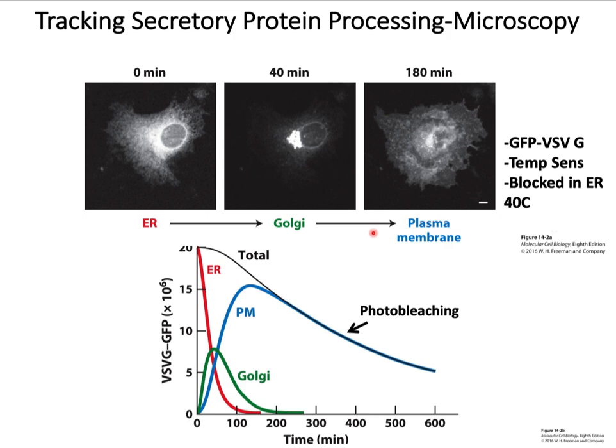The only conclusion you can make at 40 minutes is that this protein finds itself in the Golgi, and beyond that, it is in the plasma membrane, but you cannot discern when the protein moves from stack to stack. So this is one of the disadvantages. The advantage is that you can see this with a microscope in real time, and it is extremely impressive.